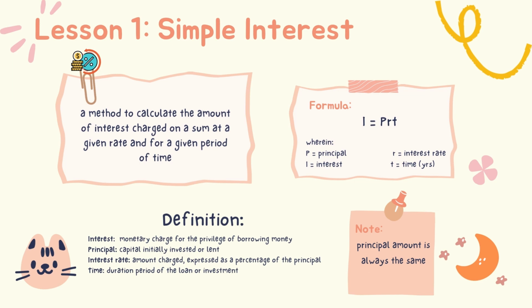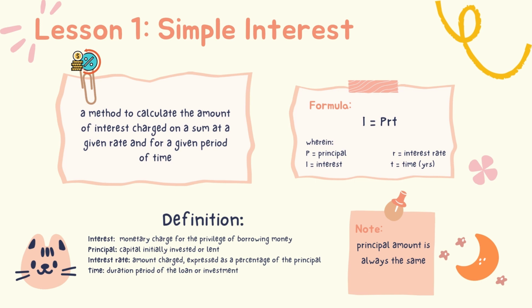Okay? So, some quick definitions. Interest, it's the money charged, which we discussed earlier. Principal is the capital initially invested, the original amount that was borrowed. Interest rate, again, is the percentage at which the amount is charged for the interest.